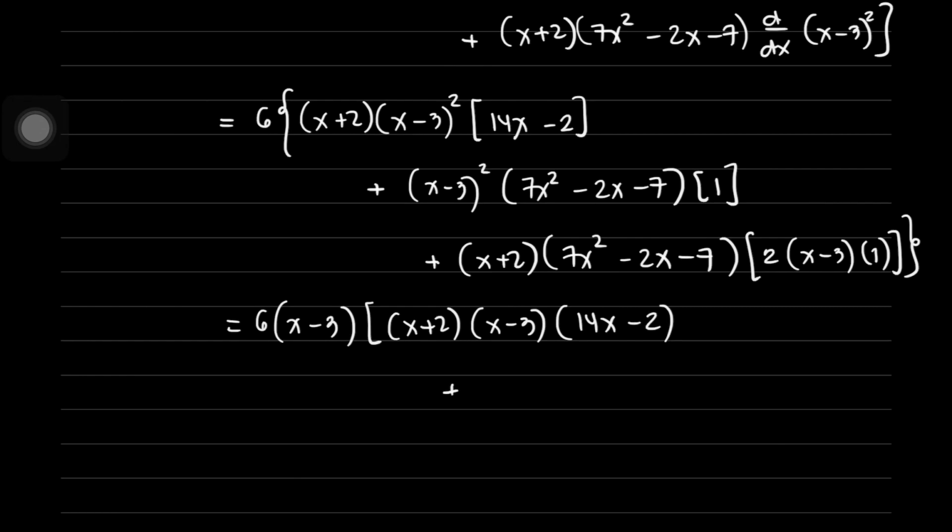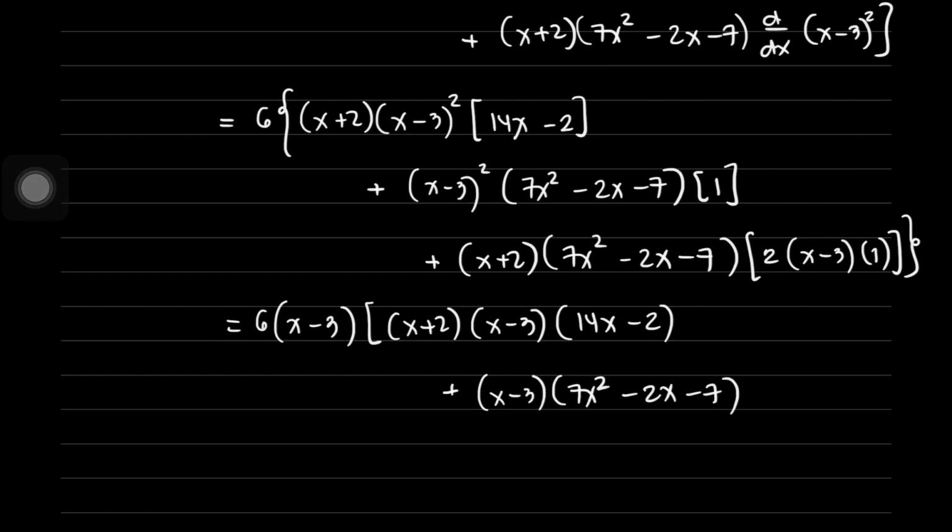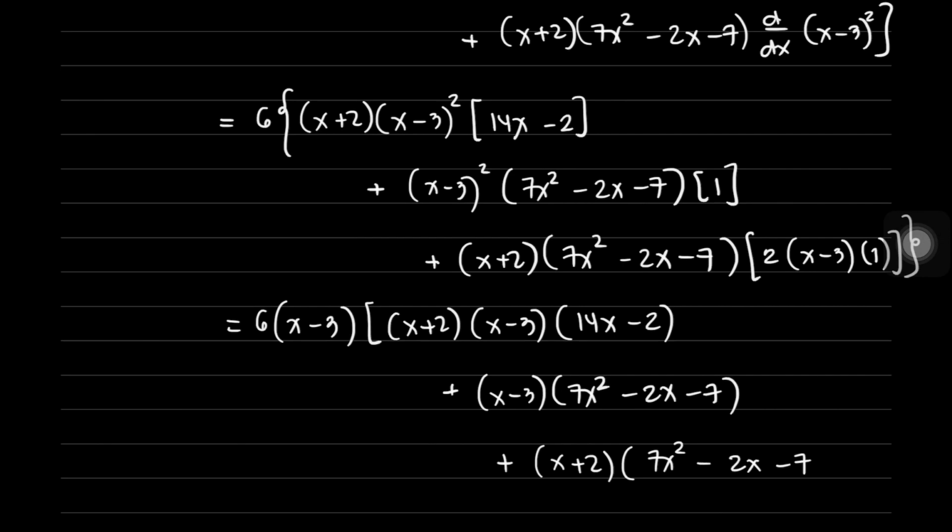The remainder on this term would be x minus 3, 7x squared minus 2x minus 7. And the remainder in this term would be plus x plus 2 multiplied by 7x squared minus 2x minus 7. Right? Multiplied by 2.